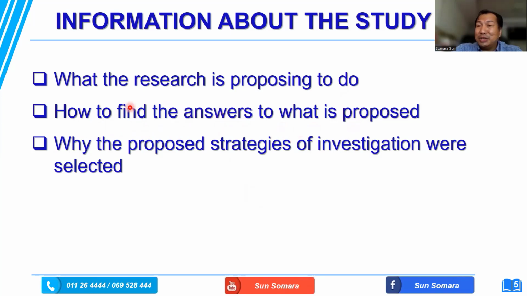We need to explain the way we propose to collect the data. How many steps and how many things you need to do to get the respondents to answer the research question. And why the proposed strategy or investigation was selected.